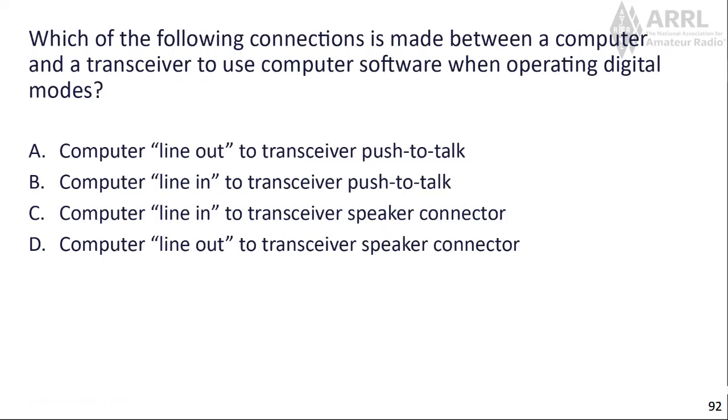C. Which of the following connections? Somebody's got their tenses wrong. Anyway, which of the following audio connections is made between a computer and a transmitter to use computer software when operating digital modes?